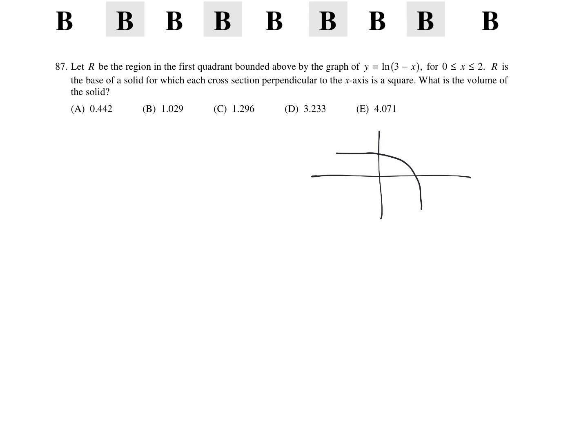R is the base of a solid for which each cross section perpendicular to the x-axis, so we're going this way, is a square. So we have a square where my base is the difference between the height of the curve and 0.